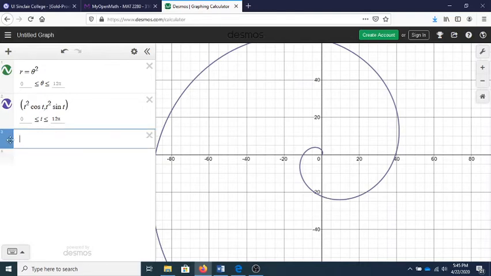Now if I really want to test it, I could put in the tangent line. So for the tangent line, I would have to go y minus the y value of that point. What's the y value of that point? Well, the y value of that point is r sine theta. What's the r value of that point?